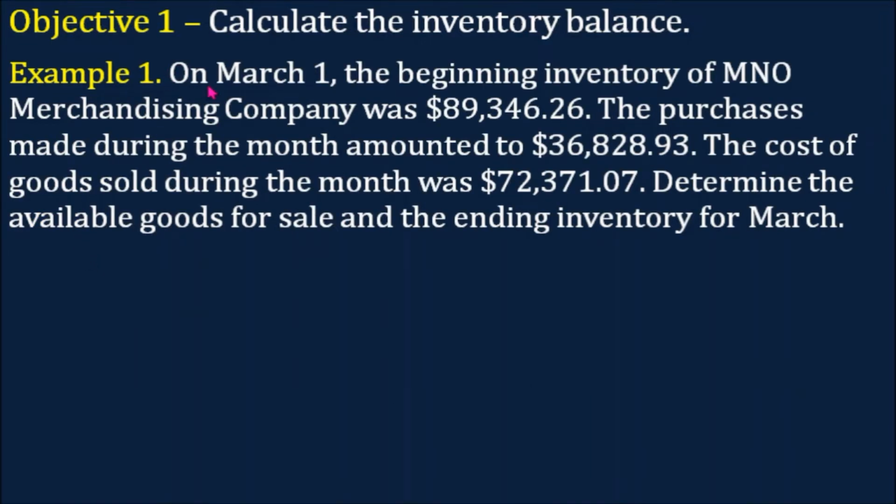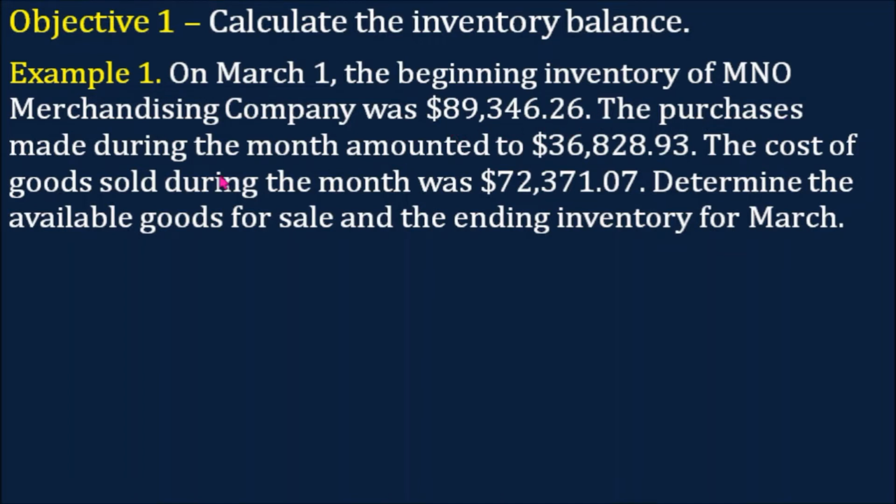Example number 1. On March 1, the beginning inventory of M&O Merchandising Company was $89,346.26.